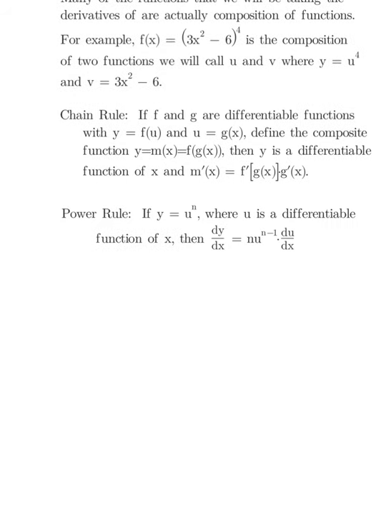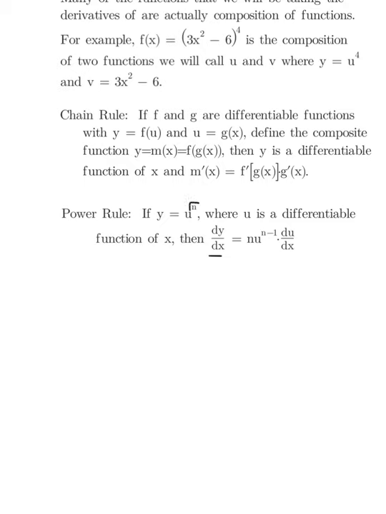We are going to use a specific sub-rule of the chain rule that's called the power rule. So if you have y equals u to the n, where u is a differentiable function of x, then dy dx. Now dy dx is just a different way of writing derivative. It means exactly the same thing as y prime. Equals n, now look what happened.